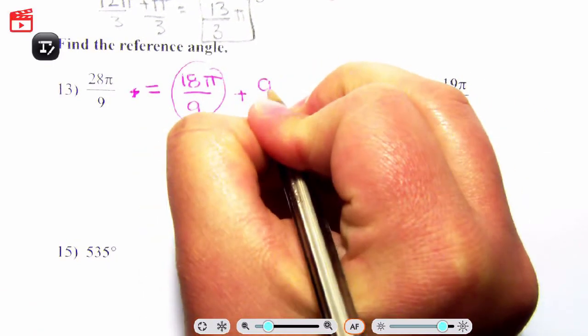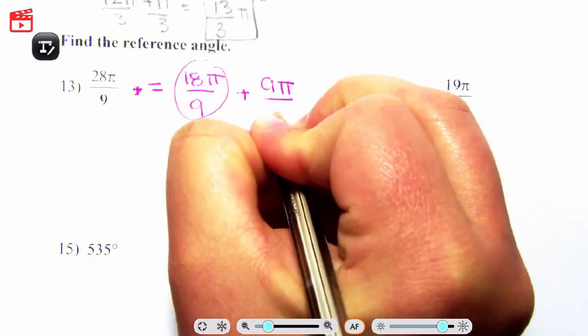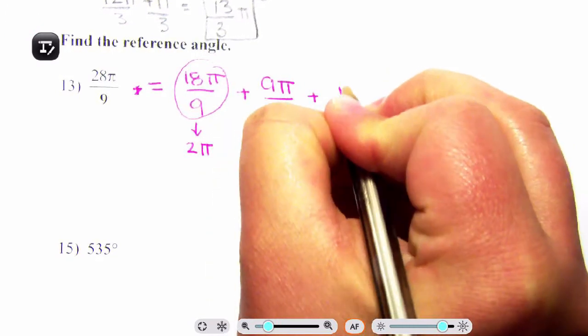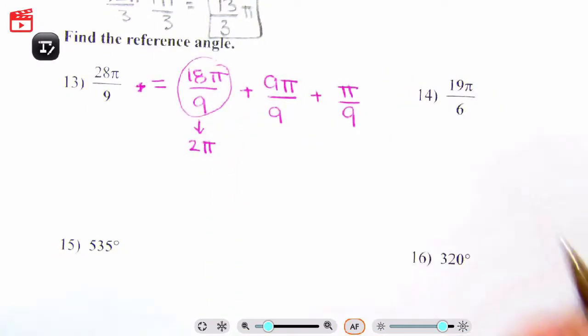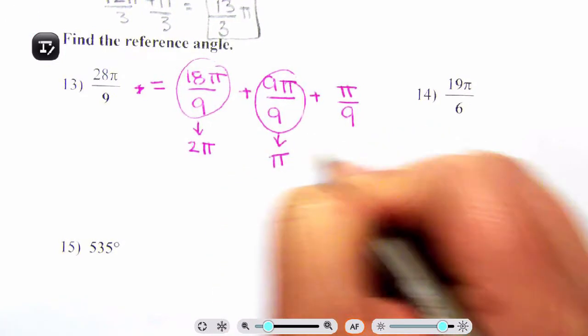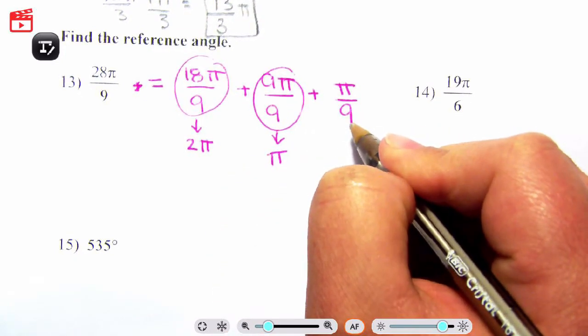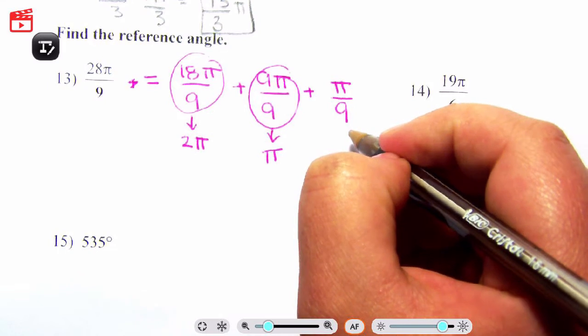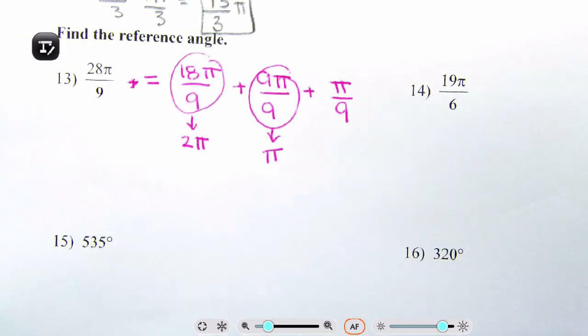So that means I have 9π over 9, and I have one more π over 9. This right here is π, so this is what's left over. And what you're going to notice is that a lot of times, whatever's left over, unless it's super big, still within the 1 revolution, ends up being your reference angle. Not always, don't quote me, but we'll see.